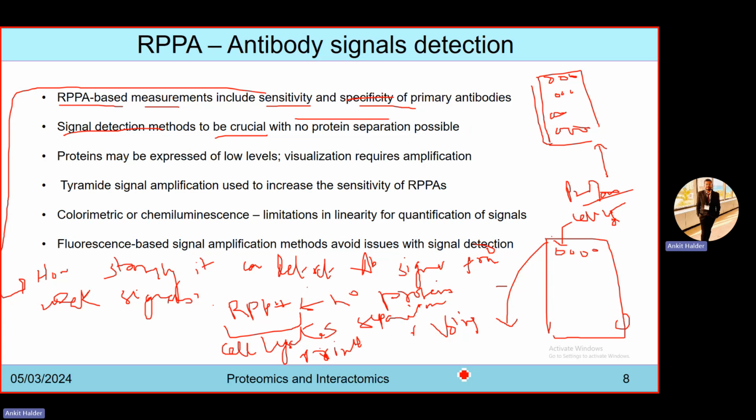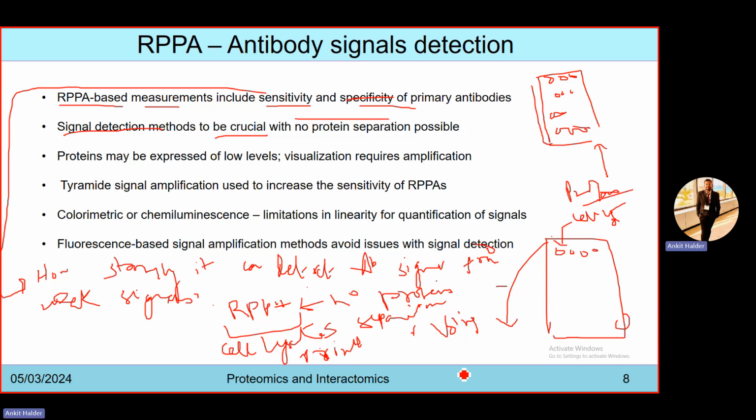It depends on those particular cells and on the different expression levels, and in disease conditions it might be analyzed differently. In other techniques you separate the proteins out, but here that is not the case. That's why it becomes quite important to have very good signal detection methods.